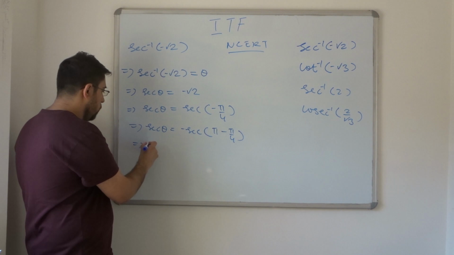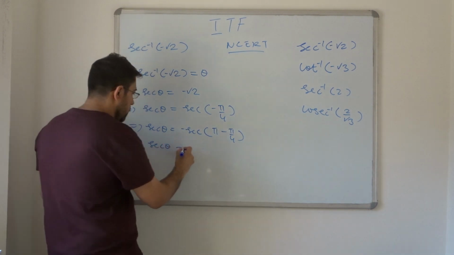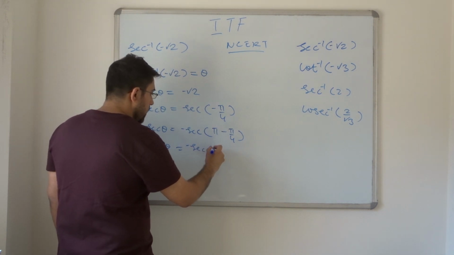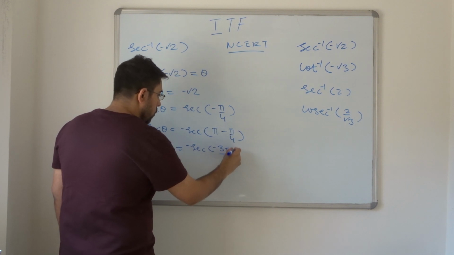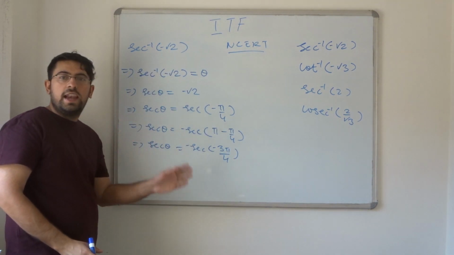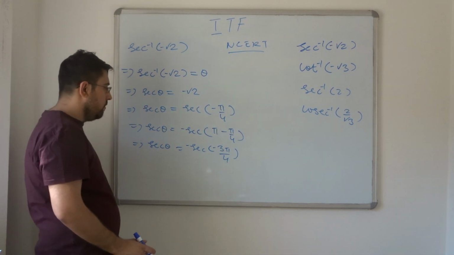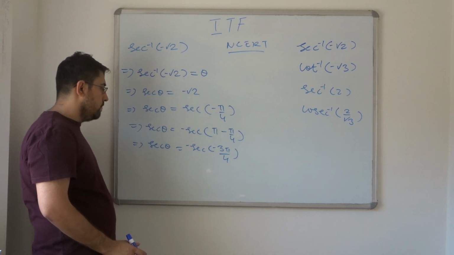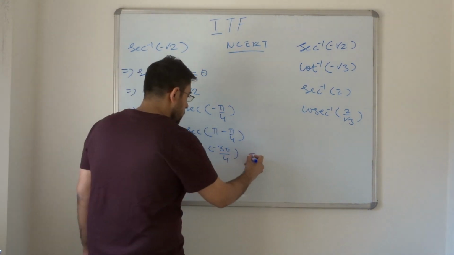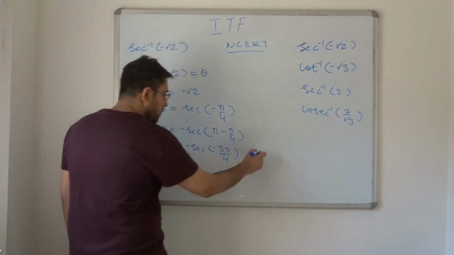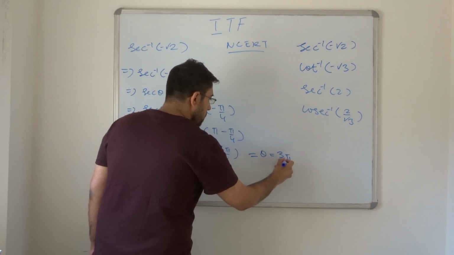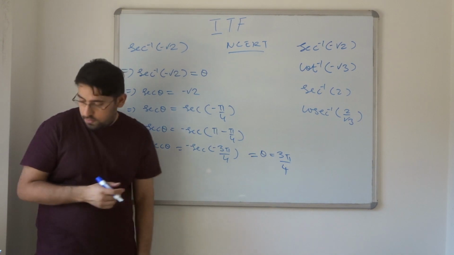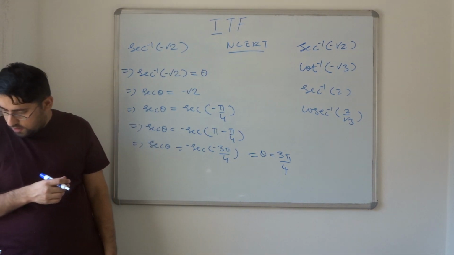Then you get negative sec, and then you get negative 3 pi by 4 because of the allied angles rule. And then, because negative and negative become positive, theta equals 3 pi by 4. So you can try the rest of them.